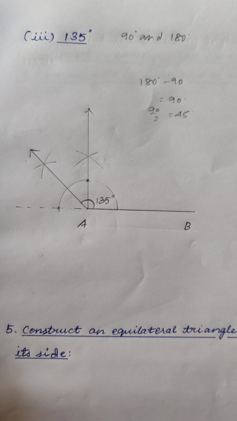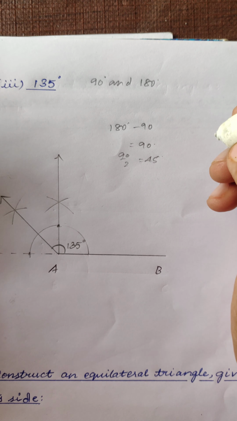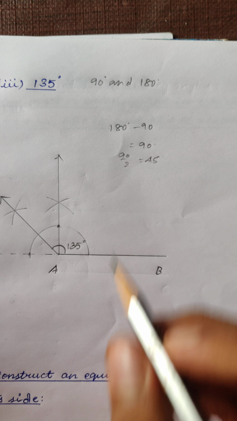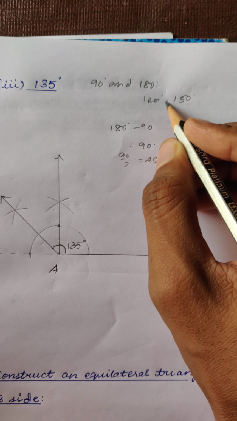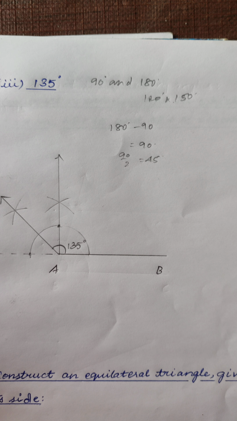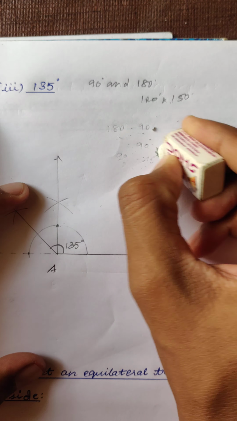The other method is we can also construct 135 by using 150 and 120. This can also be done. So let us see how to do that.